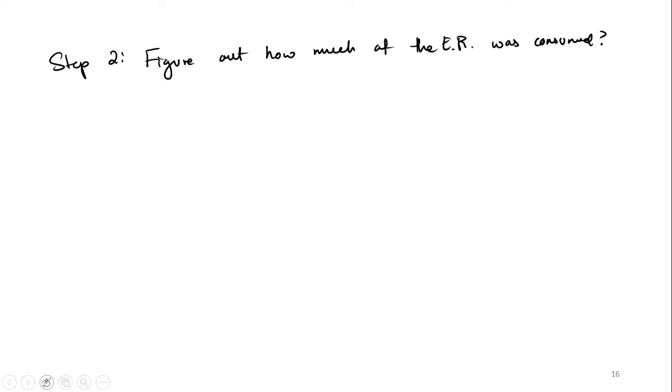And the way to do that is to actually do another mass to mass conversion, but there's something different in this one. We're going to start with the mass of the limiting reactant, which is 2.852 grams of HCl. But instead of going to a product, we are actually going to end with the mass of the excess reactant.